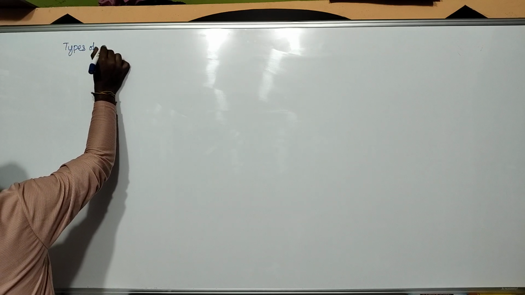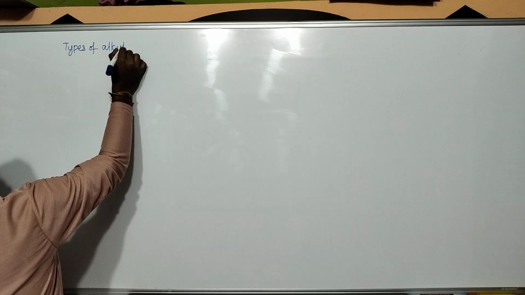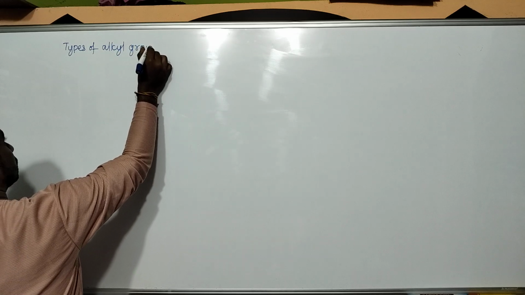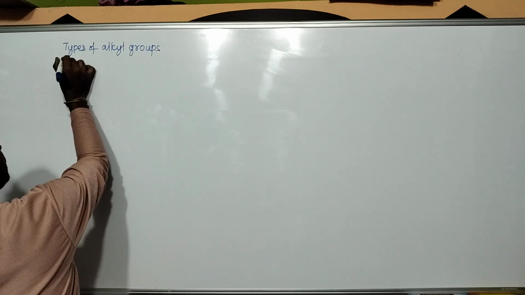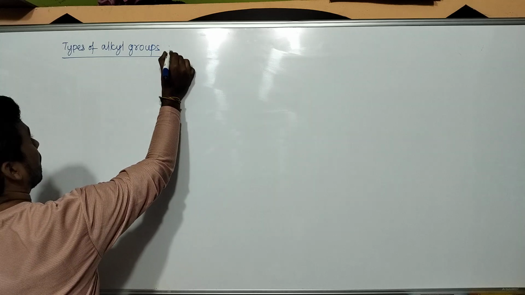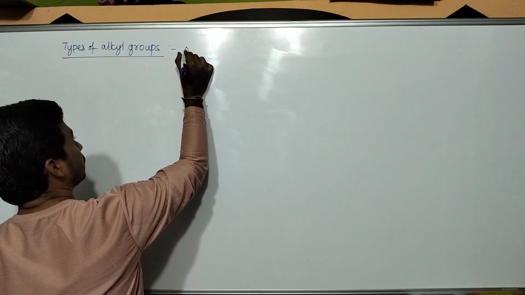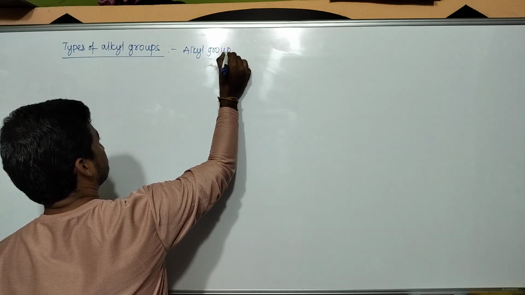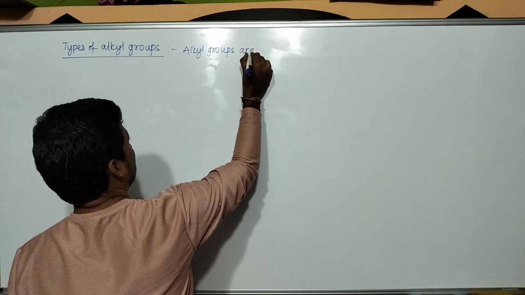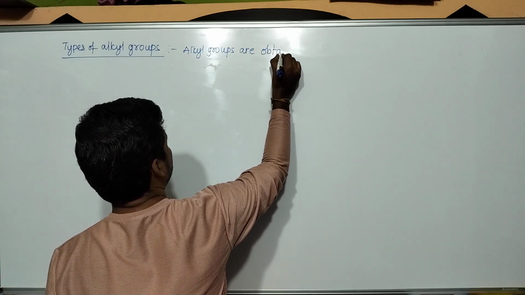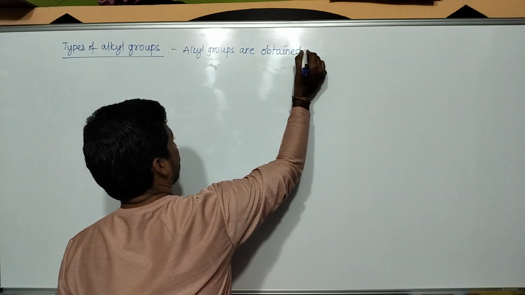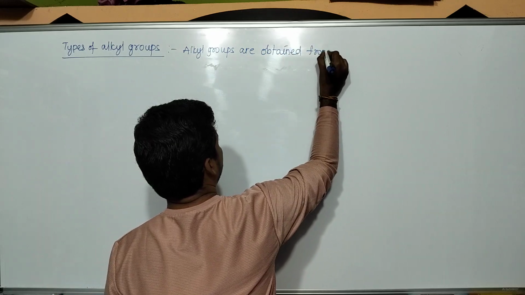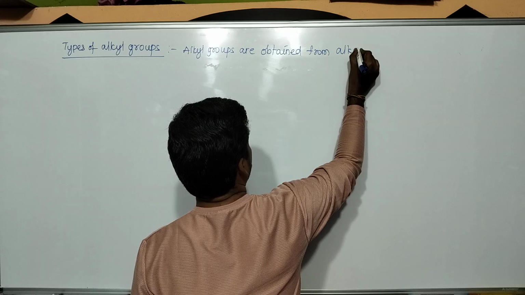Types of alkyl groups. Alkyl groups are obtained from alkanes.